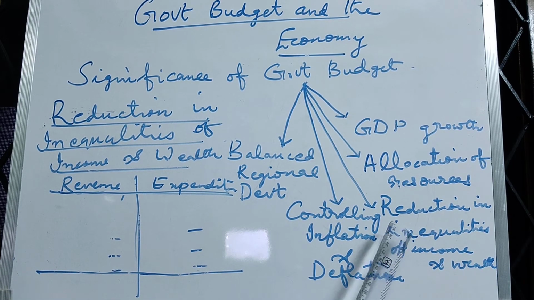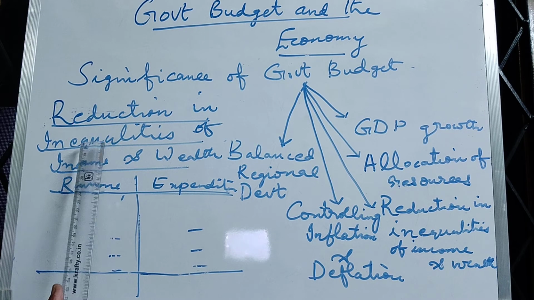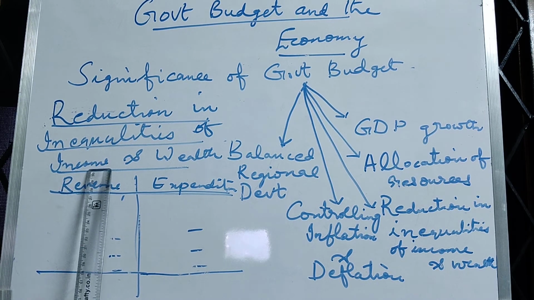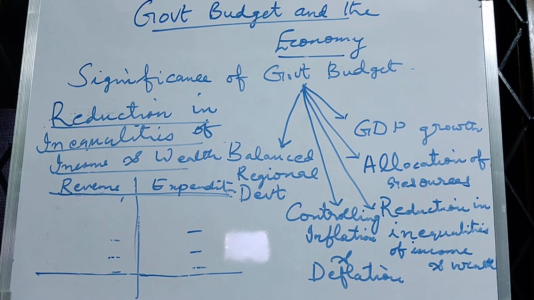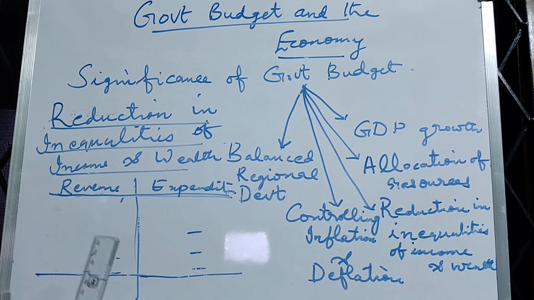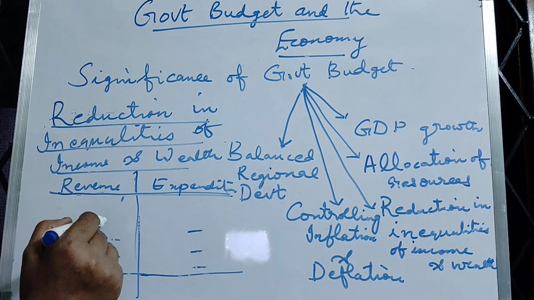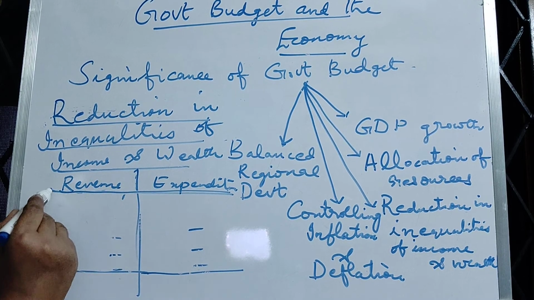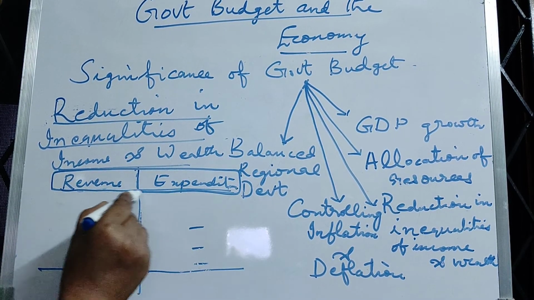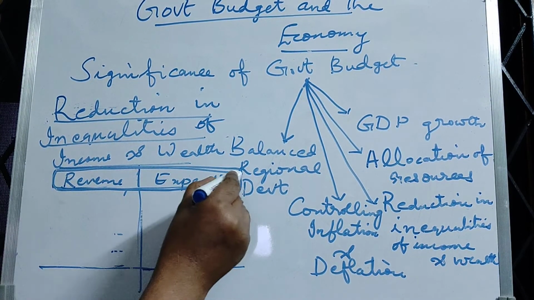Redistribution of income is known as reduction in the inequalities of income and wealth. How? We already know that the government budget has two sections: revenue and expenditure. These are the two parts of government budget.